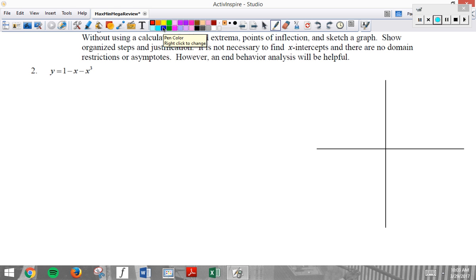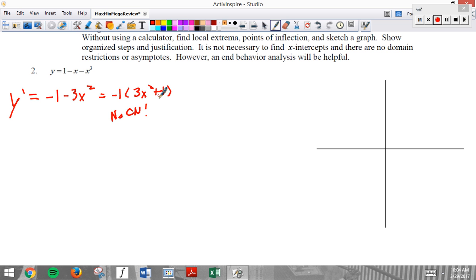Pause the video. Try it yourself first. Write it on paper. y prime equals negative 1 minus 3x squared. Factor it. Here you go. It's helpful if you guys write it like this. You might see something nice and helpful, which is that there's no critical numbers.